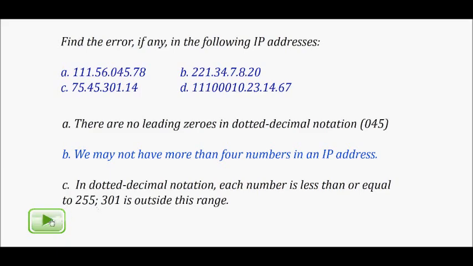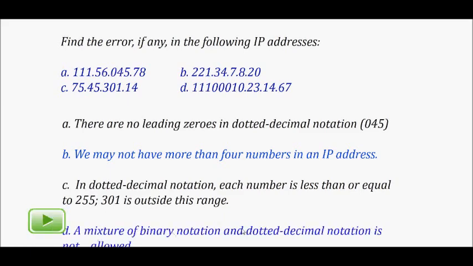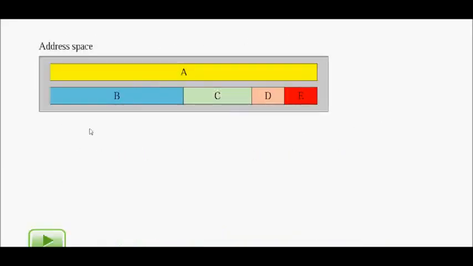We see that in dotted decimal notation, each number is less than or equal to 255. 301 is obviously out of range. It's pretty simple. You cannot have a binary here. You should represent it using decimal. A mixture of binary notation and dotted decimal is not correct.